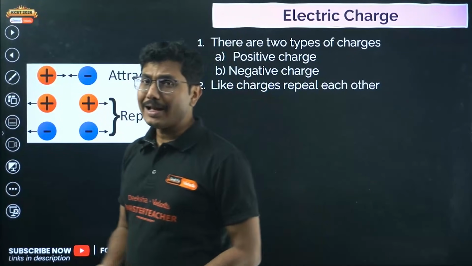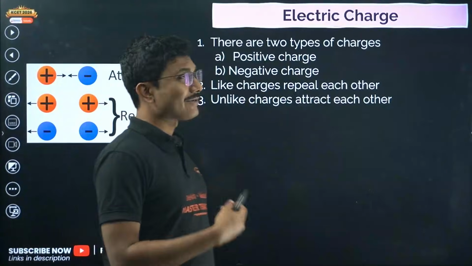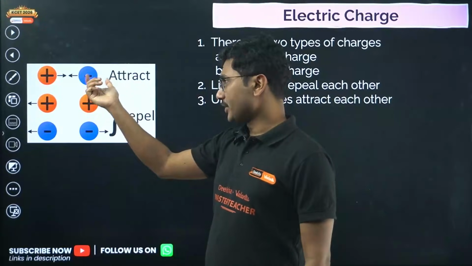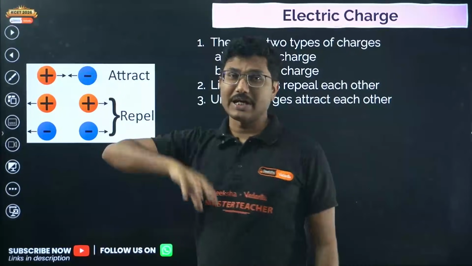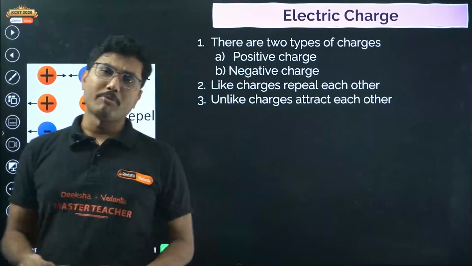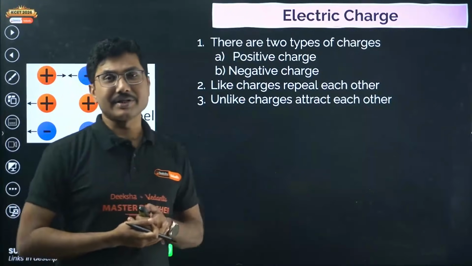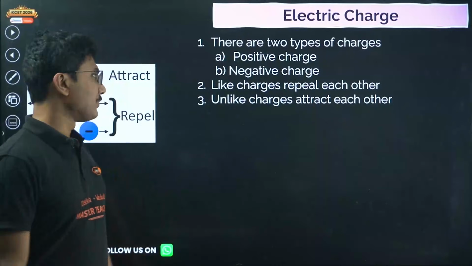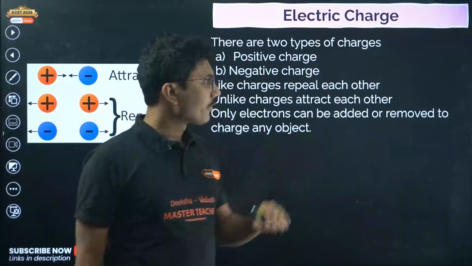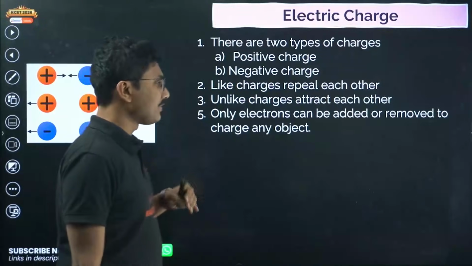What about unlike charges? Unlike charges, they attract each other. Unlike charges means suppose positive charge, negative charge, negative charge, positive charge. They are called unlike or opposite charges, right? So unlike charges or opposite charges, they attract each other. Like charges, they repel each other. Only electrons can be added or removed to charge any object.